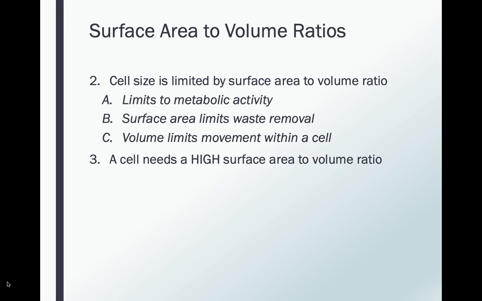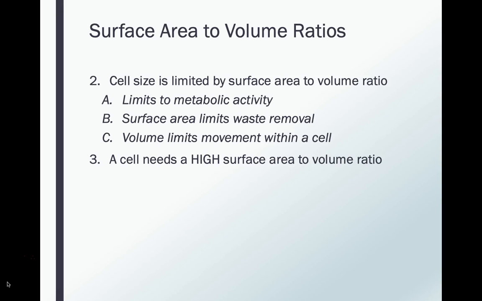If there's not enough surface area for that volume, it limits waste removal. And as I said, it also limits any sort of gas exchange that the cell is doing with the environment. If the volume is too large, the cell is producing too much waste, and there's not enough surface area to efficiently remove the waste or to bring in or release gases and other products across the cell membrane.